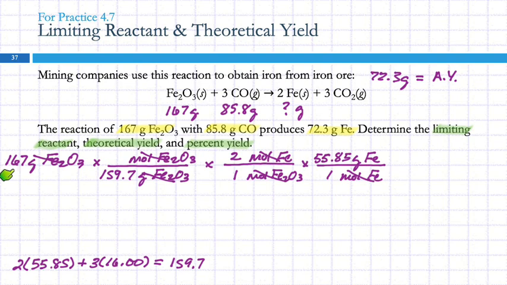It's another example of them giving us 3 sig figs. We're going to end up with 3 sig figs at the end. 167 divided by 159.7 times 2 times 55.85 equals 116.81 grams of iron.